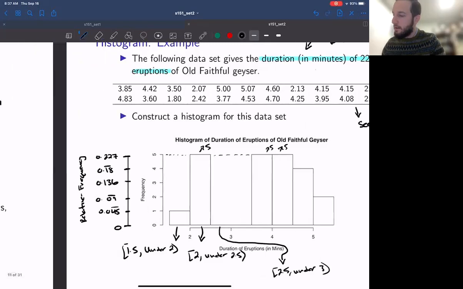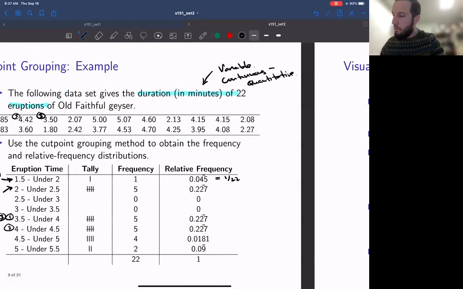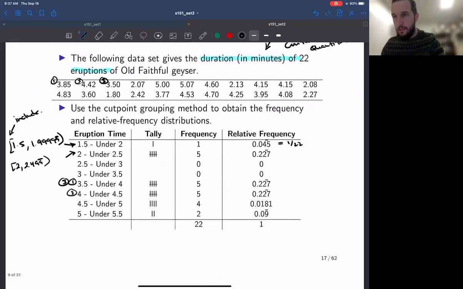So if we go back to slide 17, when we first binned this data, we constructed bins from 1.5 to under 2, 2 to under 2.5, 2.5 to under 3, etc. You'll see that between 1.5 and under 2, there's only one observation.